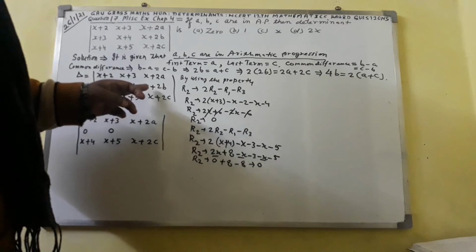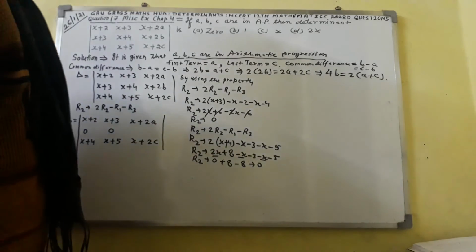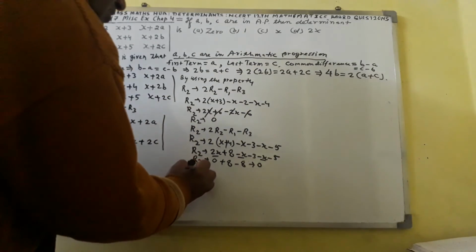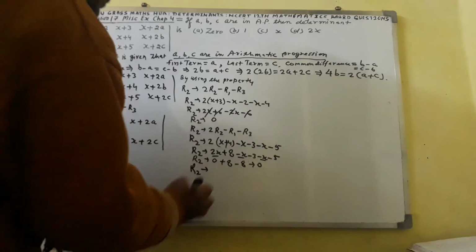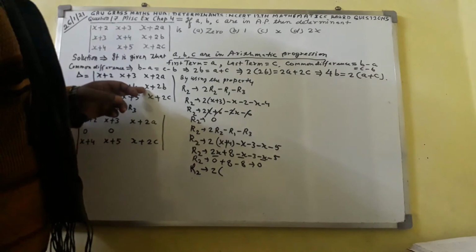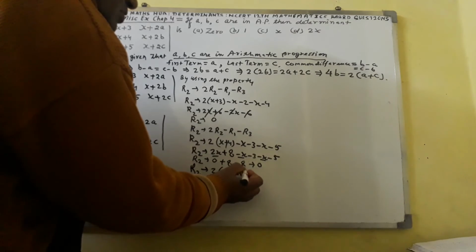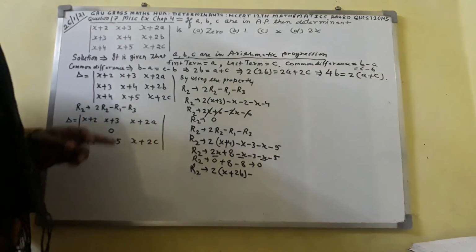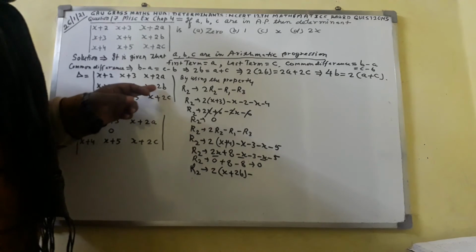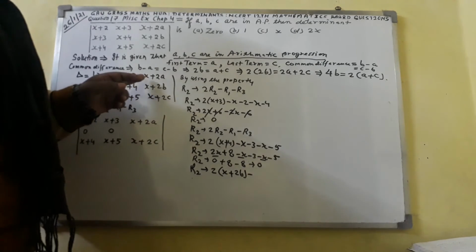And also think what thing will be here. If I take the element of R2 as x plus 2b, so here write R2 goes to 2 times R2. Elements of R2, if I take x plus 2b, so here write x plus 2b minus the corresponding element of x plus 2b in the first row, which is x plus 2a.